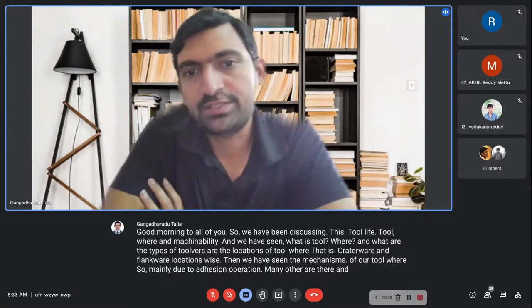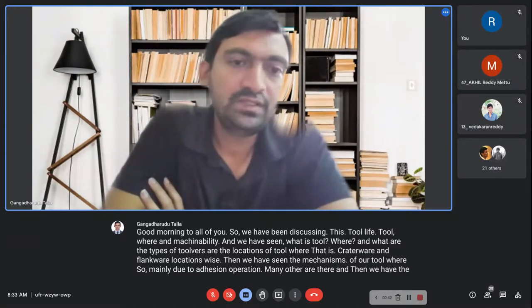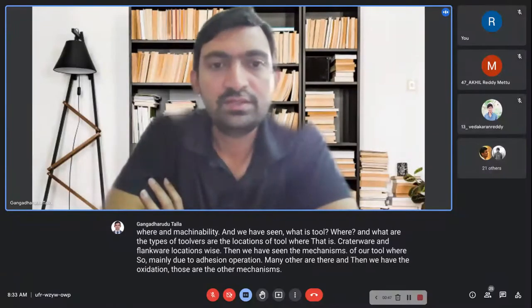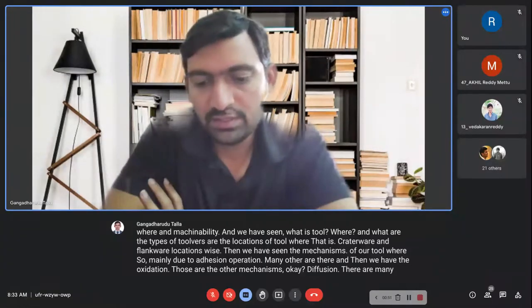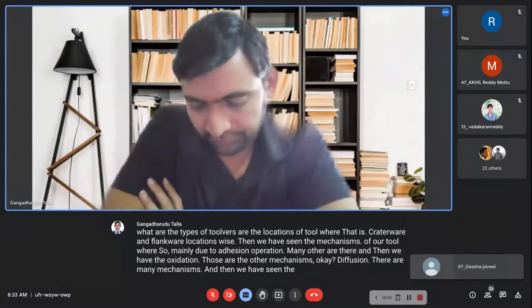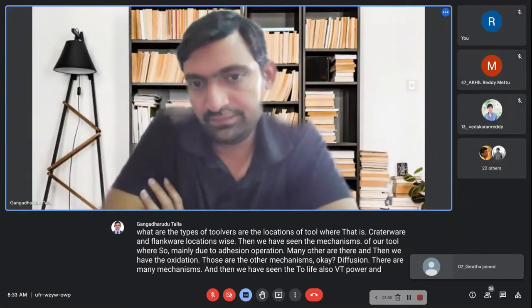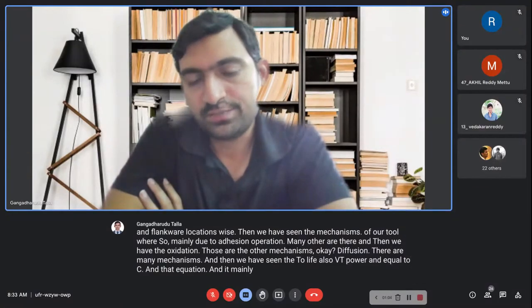Adhesion, abrasion, then we have oxidization and diffusion. Those are the other mechanisms, so there are many mechanisms. Then we have seen the tool life also, VT^n = C. That equation mainly depends on speed.